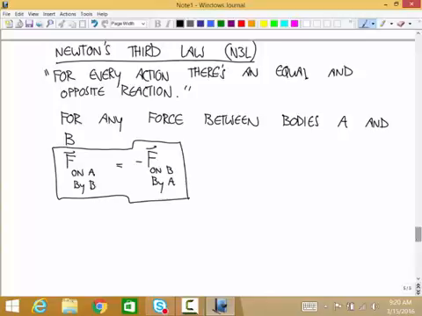Okay, so as far as understanding this, making sense out of it, there are some ways that it makes sense to us and some ways that it doesn't, that it kind of goes against our intuition.